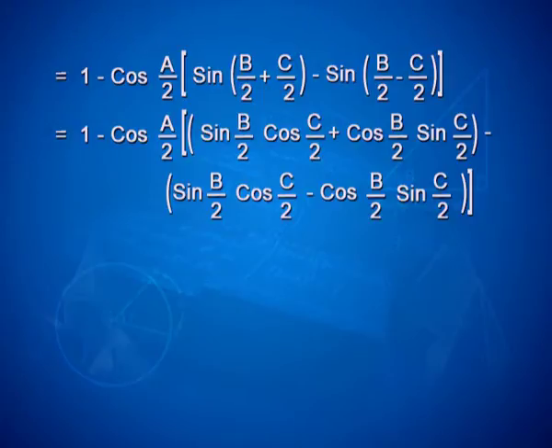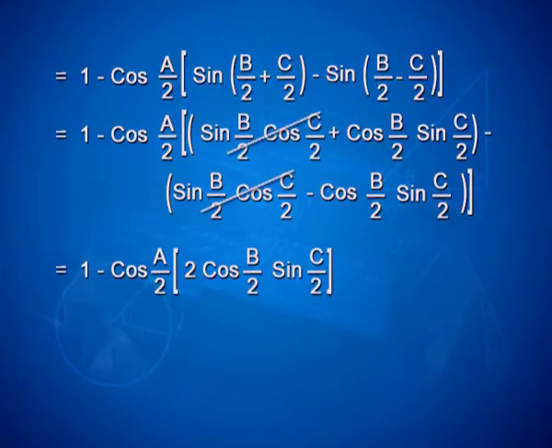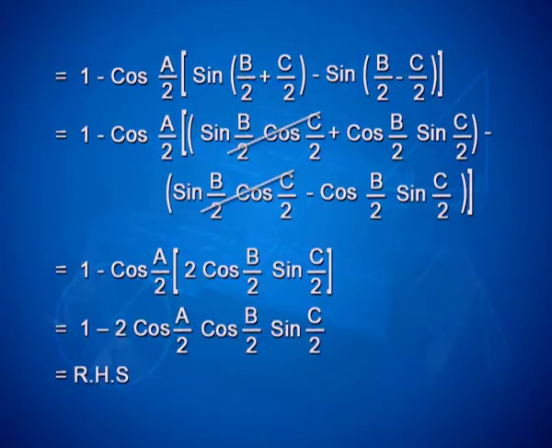On opening the brackets, we see here sin b upon 2 into cos c upon 2 get cancelled because they are having opposite signs, and we could express this as 1 minus cos a upon 2 into 2 cos b upon 2 into sin c upon 2. Thus, we can write this as 1 minus 2 cos a upon 2 into cos b upon 2 into sin c upon 2, that is equal to RHS.